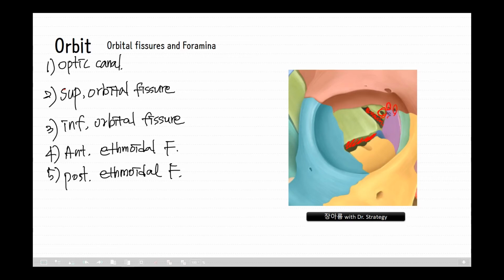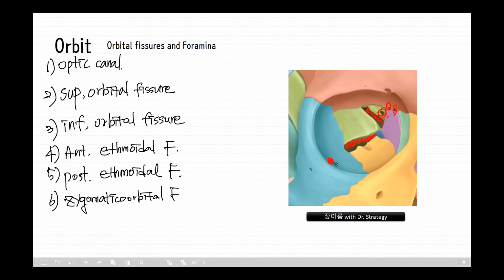Here. And finally, number 6, zygomatico-orbital foramen around here. Okay.